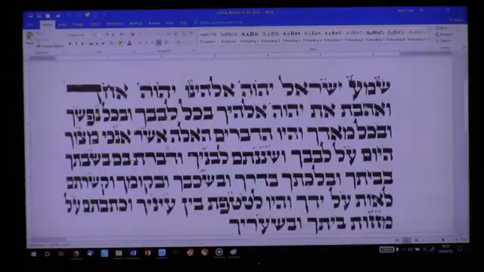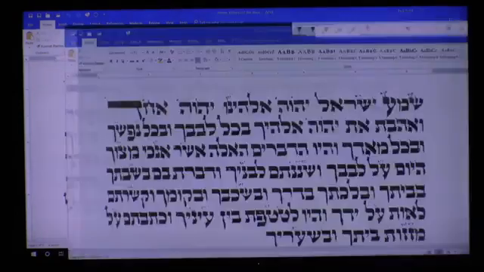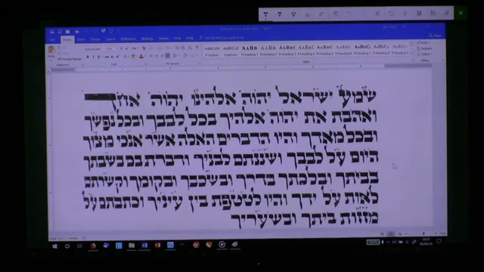This is exactly what the Shema looks like in the Torah scroll. All right? The first line, the Shema line, is right here. Now, I want you to notice something. This is the only place it appears in the Torah. That letter and that letter are larger. These are tittles. Shema Yisrael, Yahweh Eloheinu, Yahweh Echad.